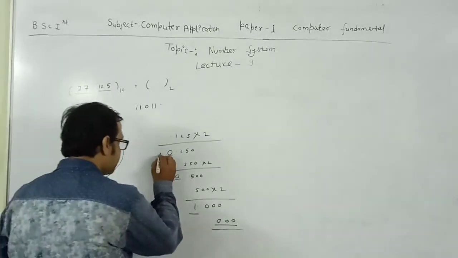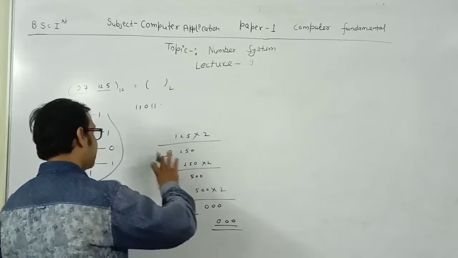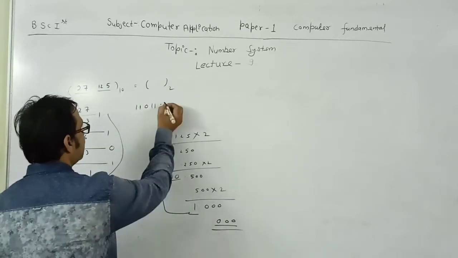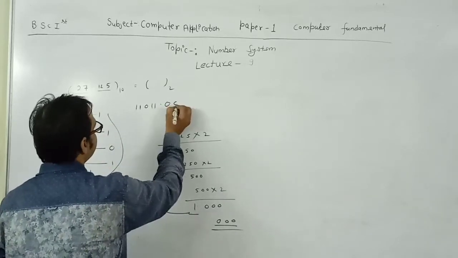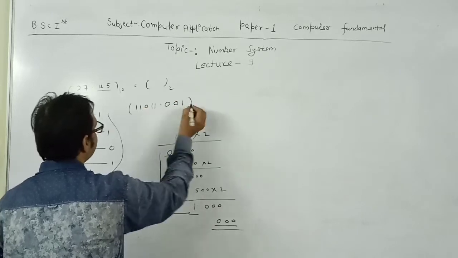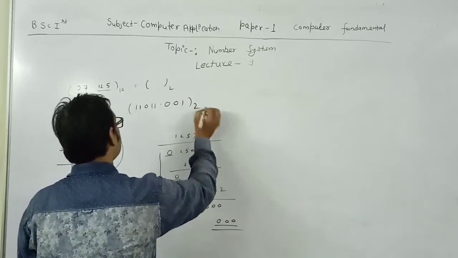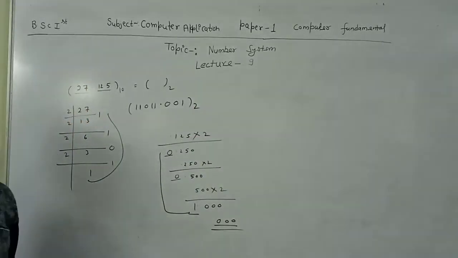So this is the part you have to write. This is your conversion of 0.125 into binary. So write this: 0.001. So we have converted this number into binary.